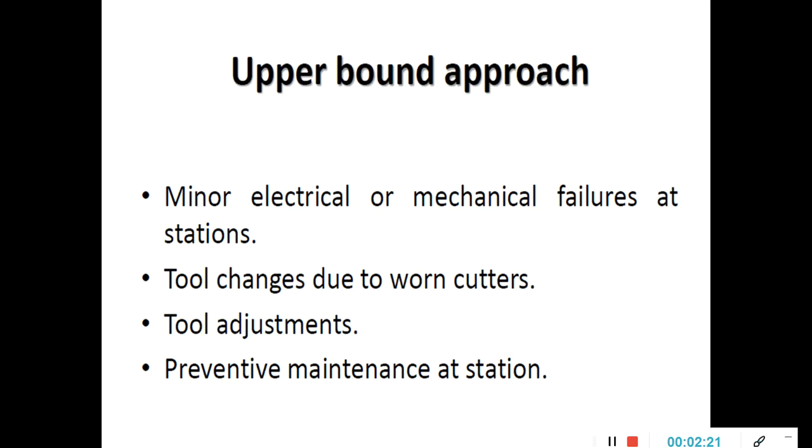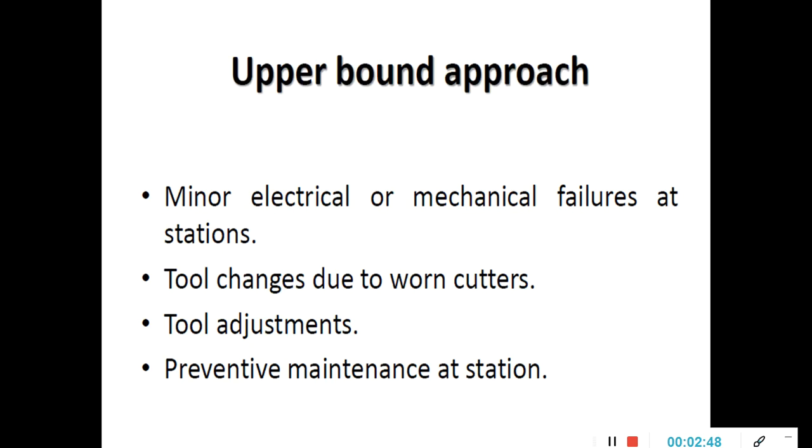So we are assuming that we are not going to remove the work part from the machine, and this approach is known as the upper bound approach. With the upper bound approach, we get the total time required for the repair of that workstation when we assume that the component is not removed from the workstation.